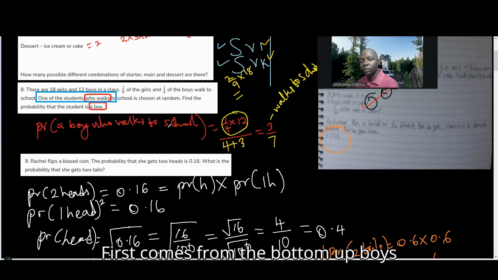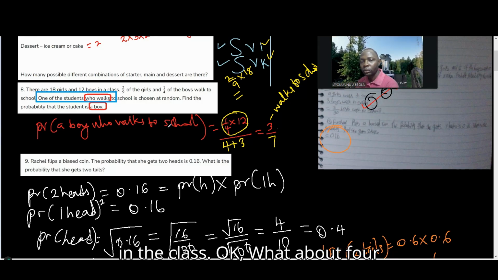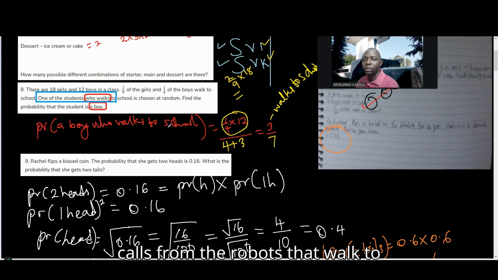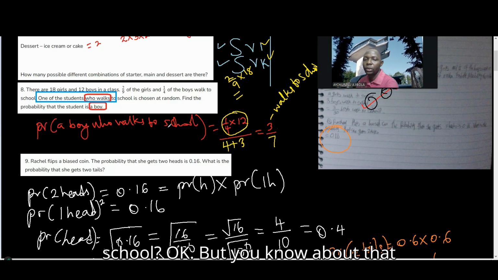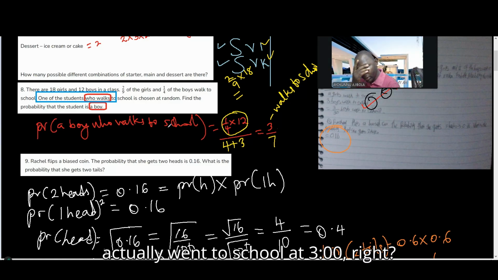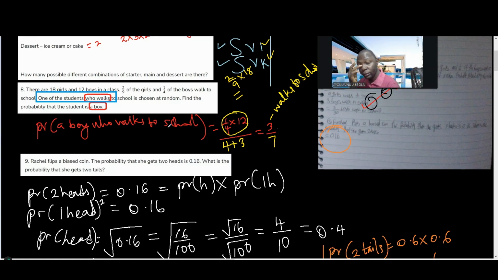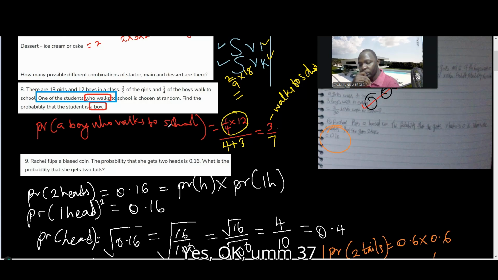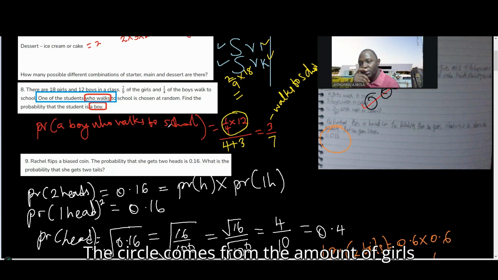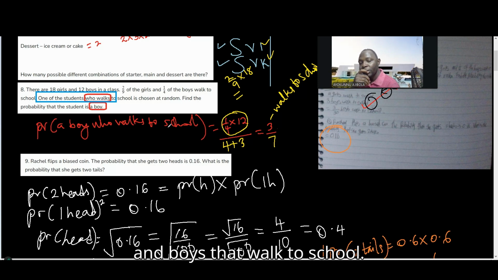12 comes from the total amount of boys in the class. 1/4 comes from the number of boys that walk to school. So the number of boys that actually walk to school are three, right? Yes. Where did the seven come from? The 7 comes from the amount of girls and boys that walk to school.